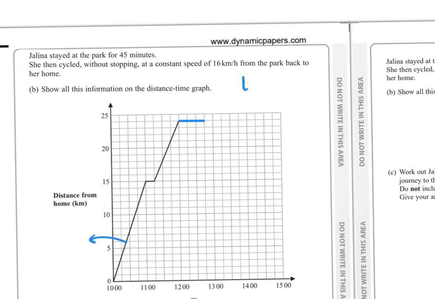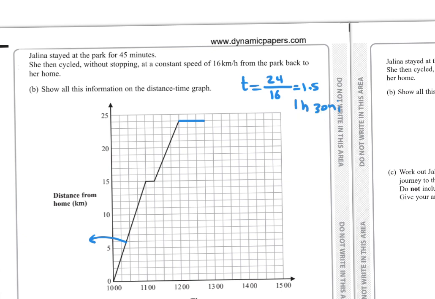So the time needed is distance, which is 24 kilometers, over 16, equals 1.5. This means 1 hour 30 minutes. This means 6 small squares, because each small square represents 15 minutes. So 1 hour is 4 squares and 30 minutes is 2.